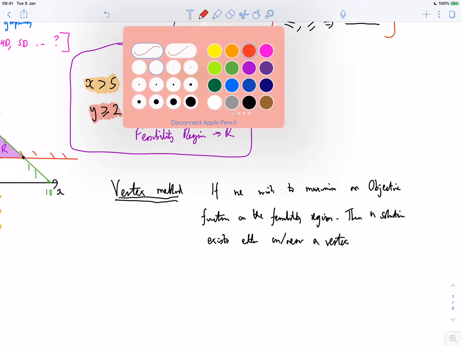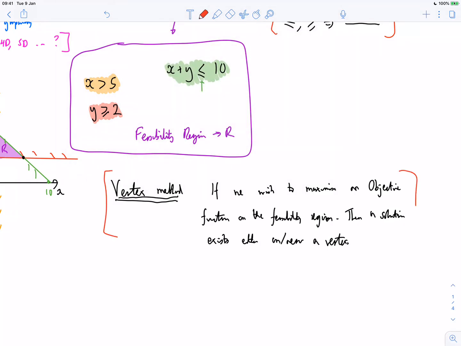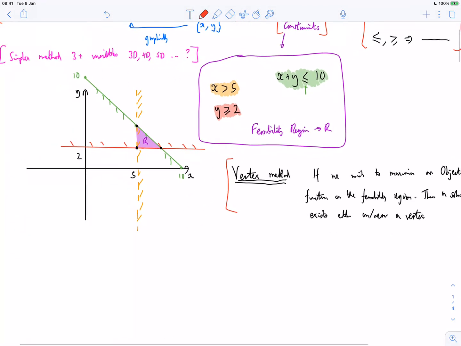Now you're probably thinking, why can't it be just on the vertex? Well, because of the following. Suppose x and y are discrete. For example, they could be tickets, they could be people. The problem might require solutions that are whole numbers.